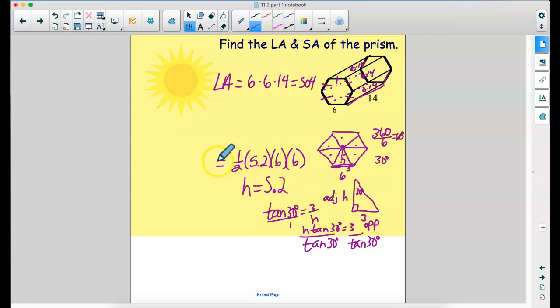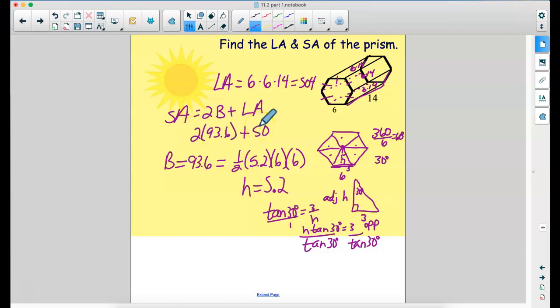So that area of the one base is 93.6. So surface area is 2 bases plus the lateral area. So we have 2 times 93.6 plus the 504. That's 691.2, and we don't have units, so it's whatever the units are squared.